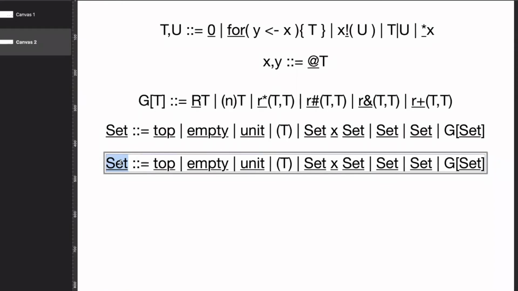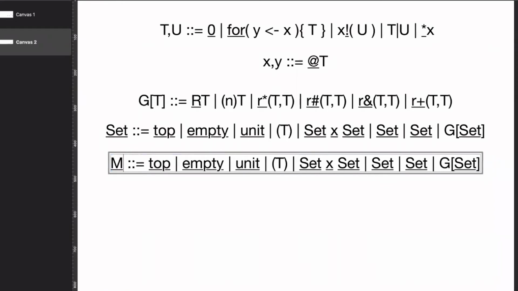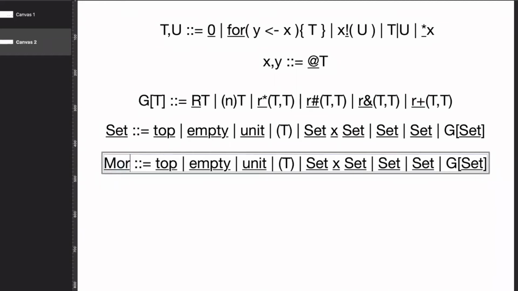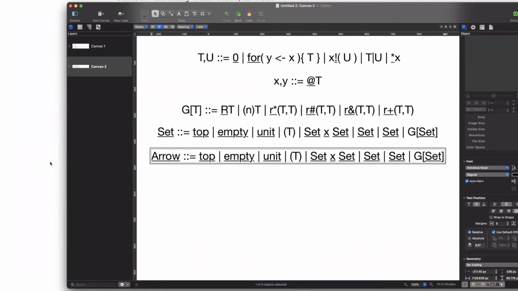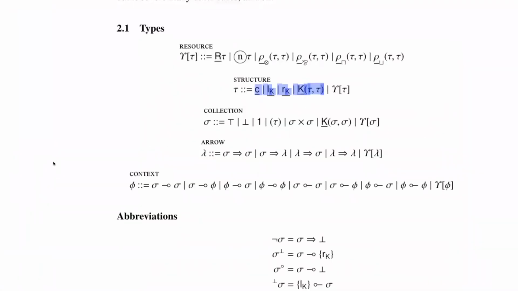So this is going to be, morphism is too long. Let's just call it arrow. Okay, so arrow is going to be sigma arrow sigma and sigma arrow arrow and so on.